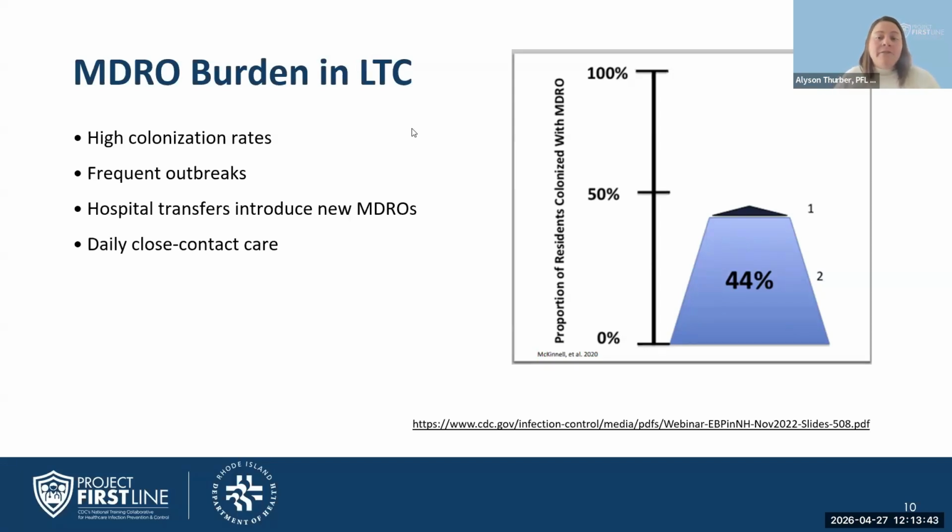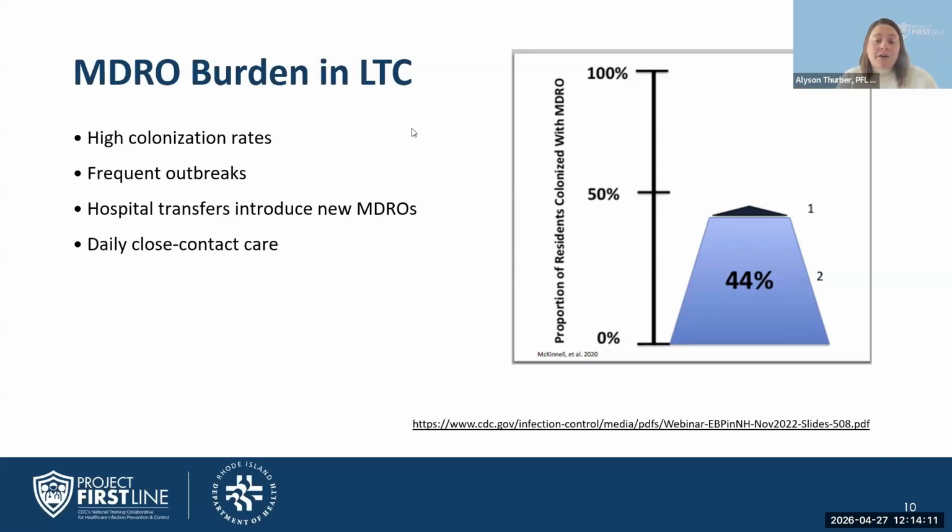On average, 50% of residents in this study were colonized with an MDRO, and some facilities even exceeded 70% colonization rates. MRSA, ESBL, VRE were the most common organisms. Environmental contamination was also seen widespread throughout the facilities, with over 90% of common areas testing positive for MDROs.